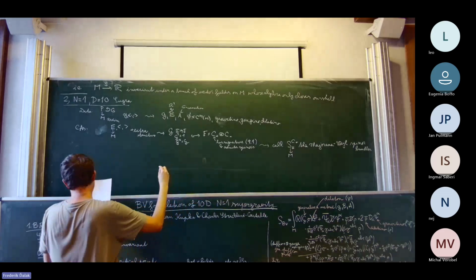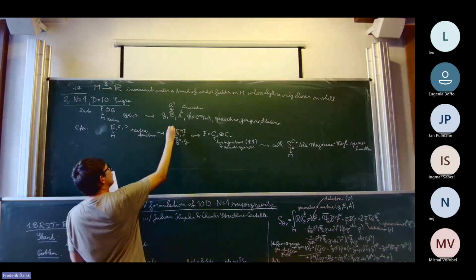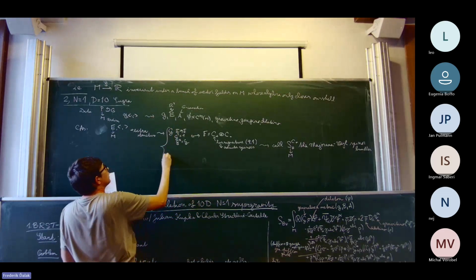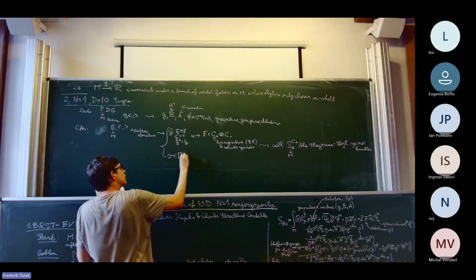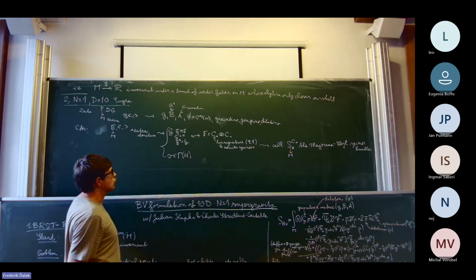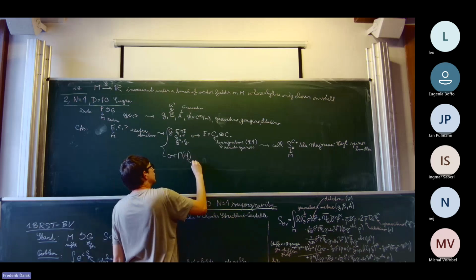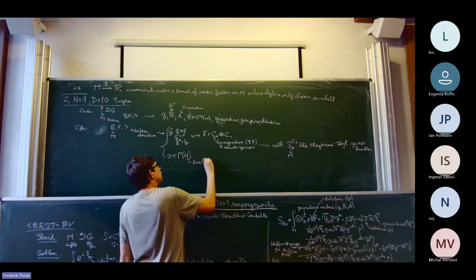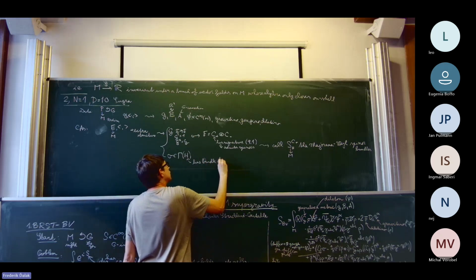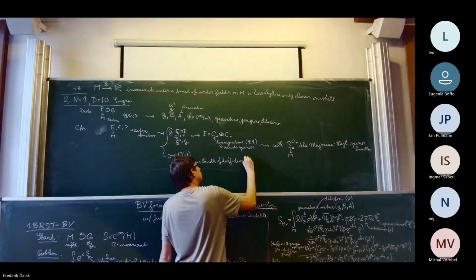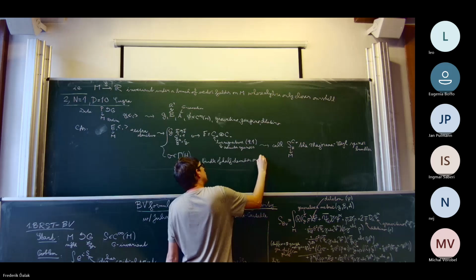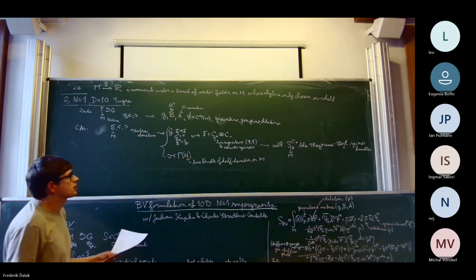And now, having that bundle, you can define other fields that we need. First of all, there is the generalized metric, and then there is a dilaton, which for us is a section of H, where H is the line bundle of half densities.